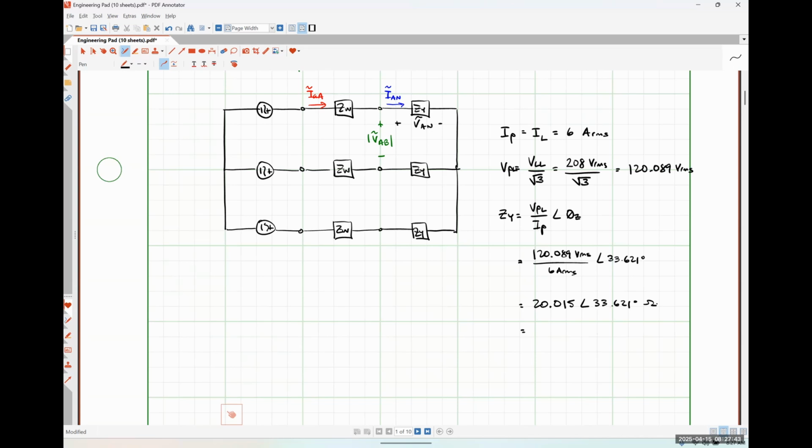And then in rectangular form, 16.667 plus j 11.082 ohms. Thank you for that catch.